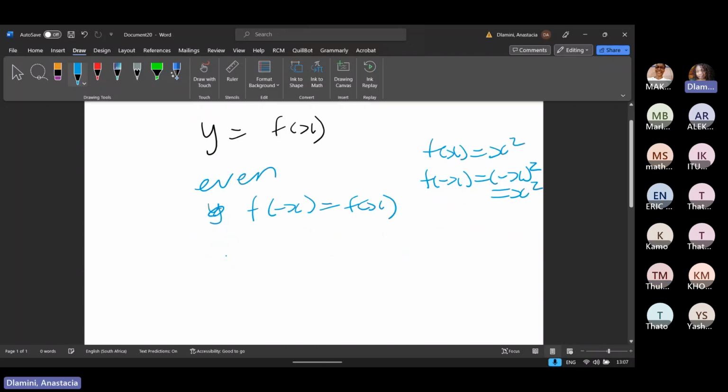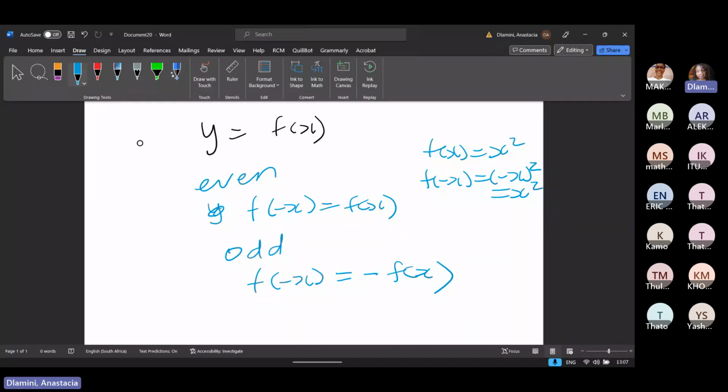For an odd function, f of negative x will be negative f of x. A function can also be neither even nor odd. Some functions are not even and also not odd.